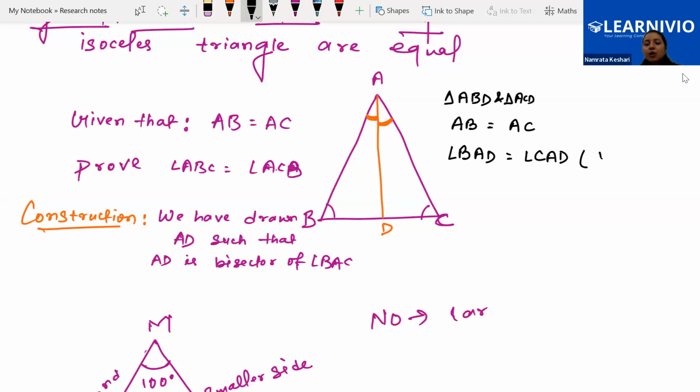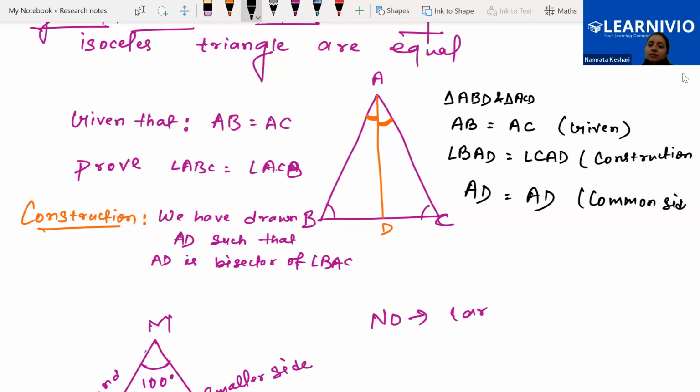Okay, according to our construction. This AB and AC, it was given already. And what else? Ma'am, AD is common. AD over here is equal to AD over there, common side.